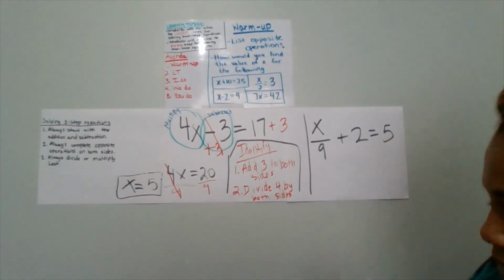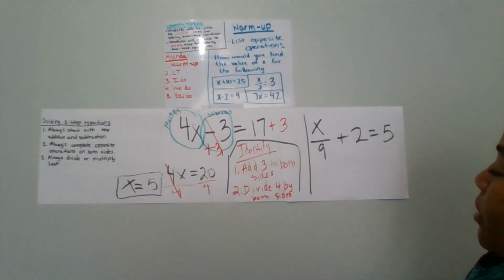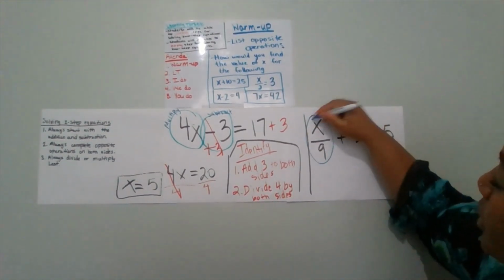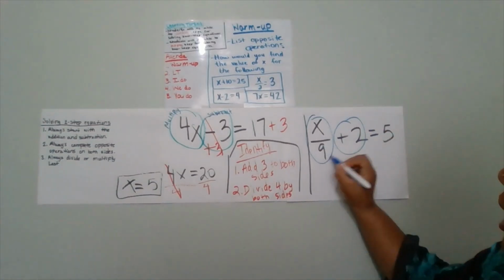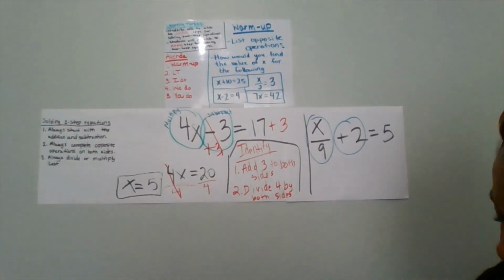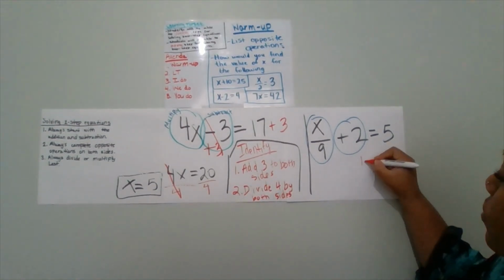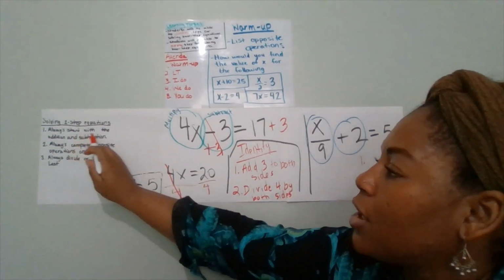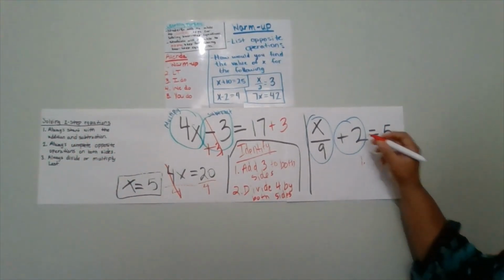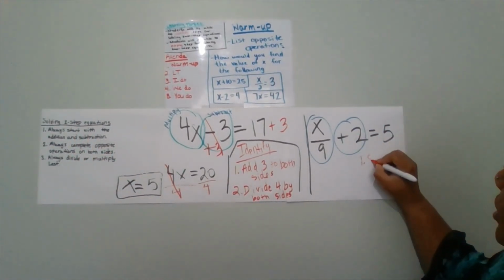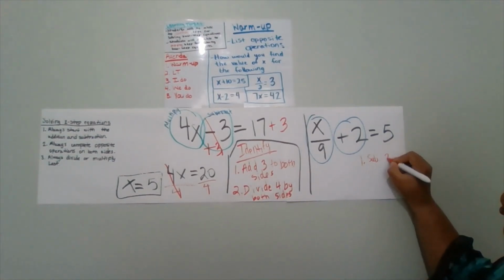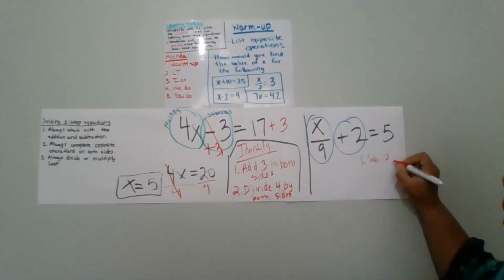So remember, our 2 operations are dividing here, adding here. So to do the opposite of that, remember, we always start with addition and subtraction. So we're going to subtract 2 on both sides, okay?